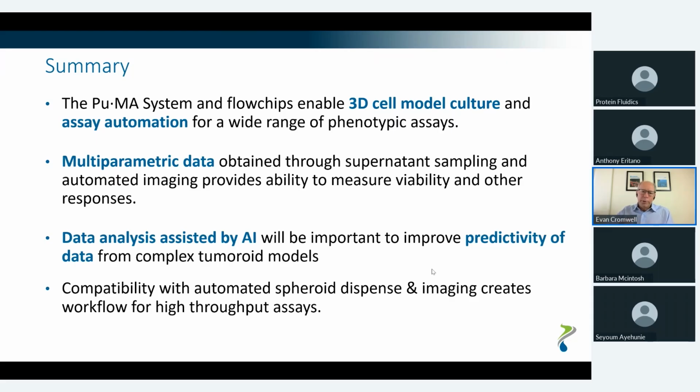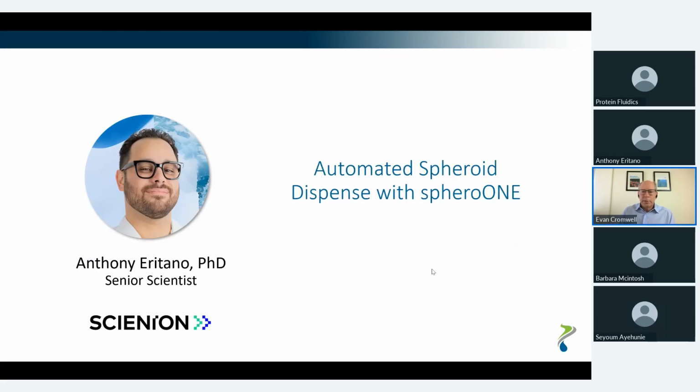And we're pushing the analysis, phenotypic analysis, using AI-assisted data analysis, which I think is really the future for drug discovery. And we designed the system to be compatible with automated systems, whether it be liquid handling systems, spheroid dispense systems, or imaging systems. And I'll now transfer it to Anthony, who will talk about doing automated spheroid dispense with his spheroONE system.